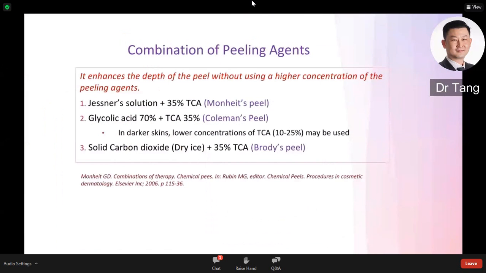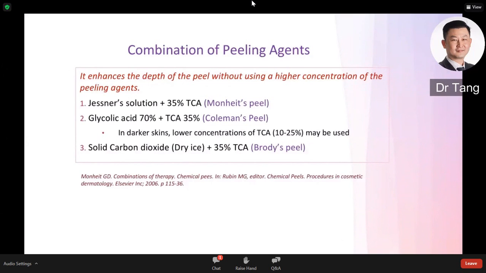Sometimes we can combine several types of chemical peeling agent to enhance the depth of peel without using a higher concentration of a particular peeling agent. The examples are Monheit peel, which consists of Jessner solution and 35% trichloroacetic acid. Coleman's peel, which consists of glycolic acid 70% and trichloroacetic acid 35%.